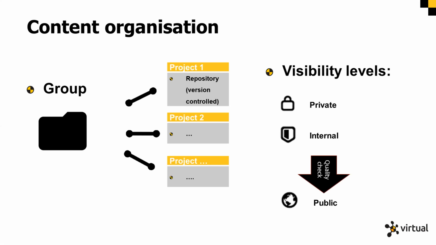That's why we've implemented an additional hurdle for going from internal to public. We're doing a quality check in order to make sure that anything that is publicly available on the OpenVT platform meets our dissemination and quality standards for public content.